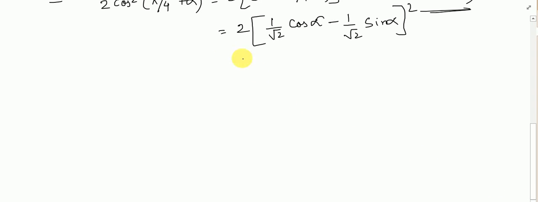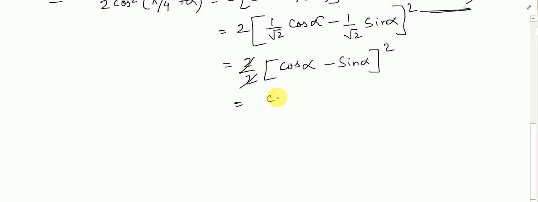Next, what should I do? I should use the (A minus B) whole square formula. So before that, I can take 1 by root 2 common and there is a square. So I can write 2 by 2 (cos alpha minus sin alpha) whole square. So this will cancel out and I will get cos square alpha plus sin square alpha minus 2 sin alpha cos alpha.